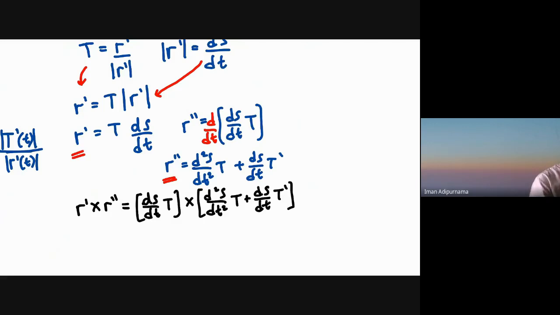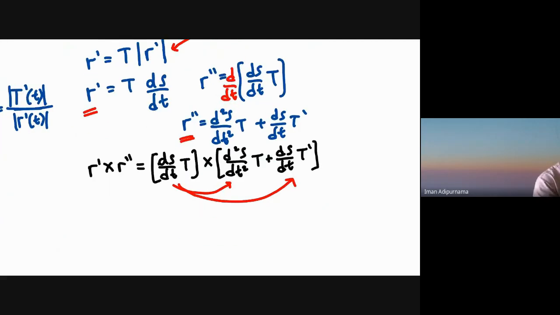Okay, cross this. So first cross with this, and then cross with this, right? We can write ds over dt, and then d squared s dt squared, and then write T cross T, right?